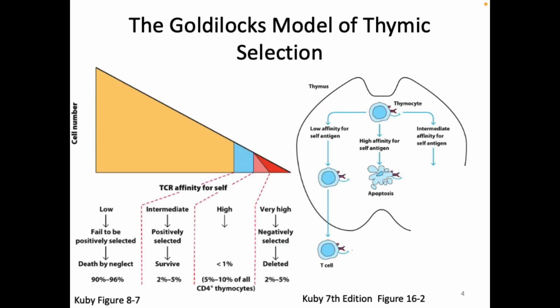And so I introduced you to the Goldilocks model of thymic selection last time, where I told you that there are sort of 4 different outcomes that can happen with a developing T cell that is a double positive, based on the signal it receives in the thymus.